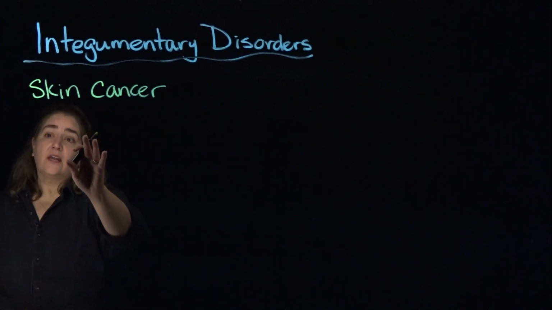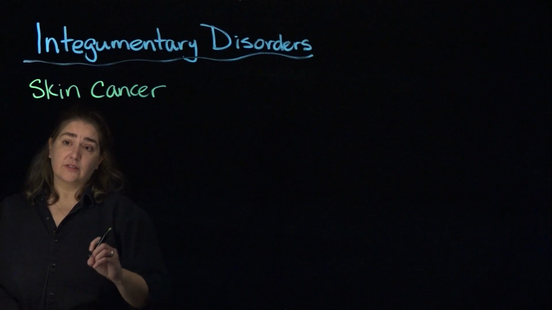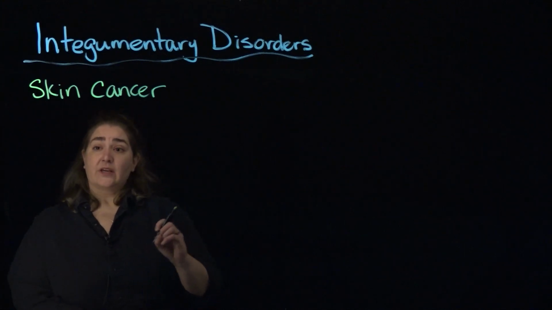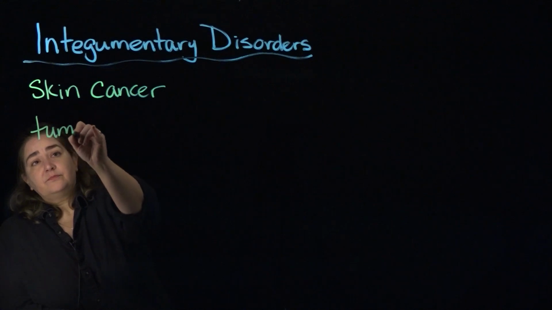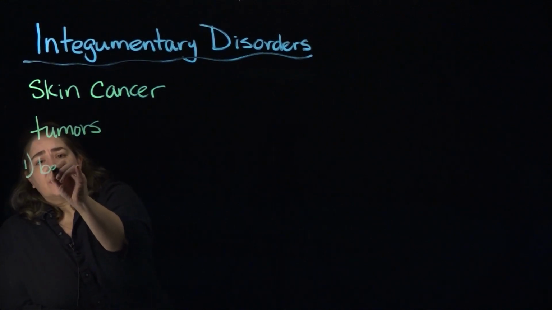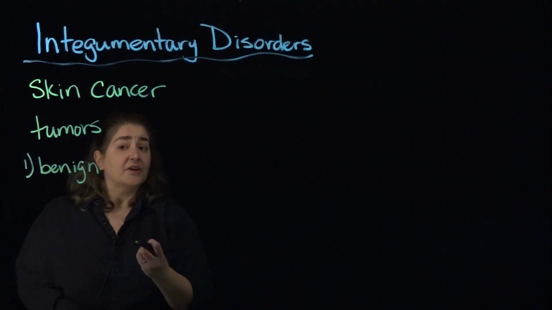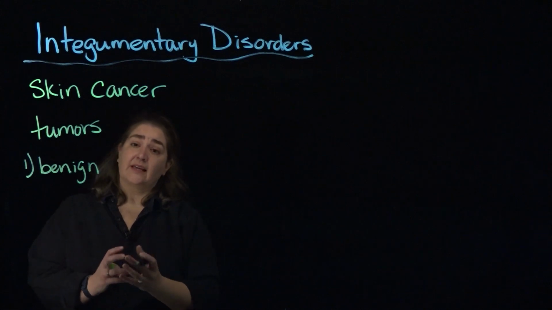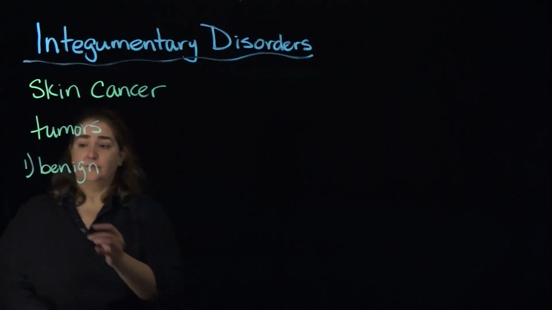Now, hopefully you remember from a previous lecture when we covered tumors, that our tumors can either be benign, meaning they're non-life threatening, they tend to be encapsulated, they haven't moved outside of the primary tissue.